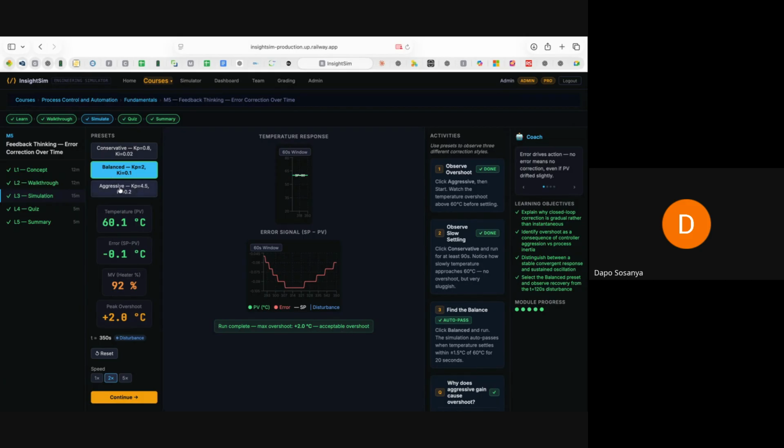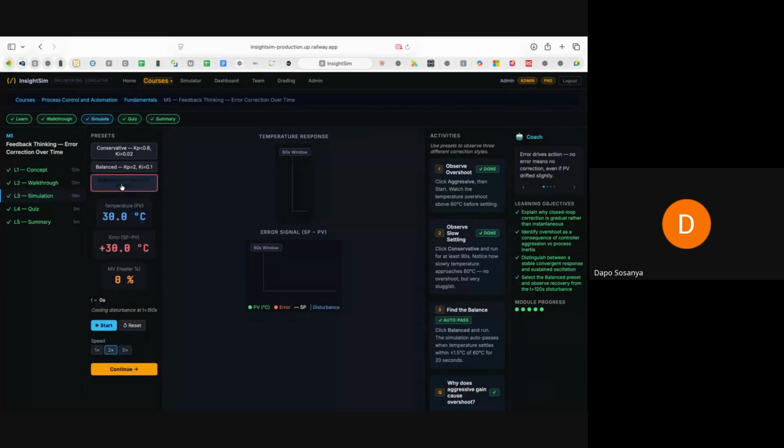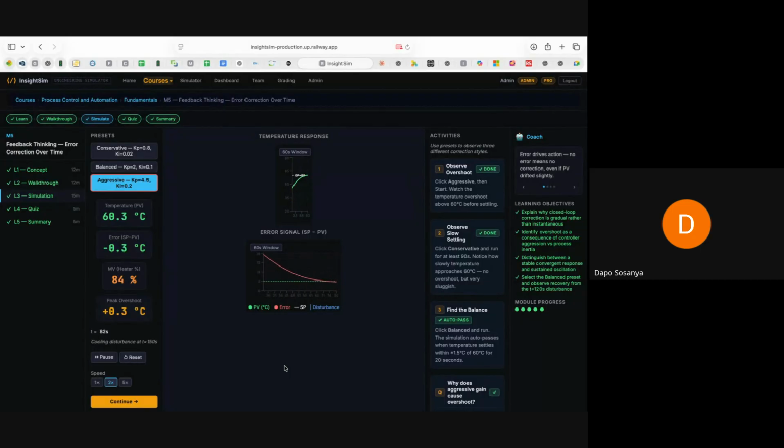Now let's look at aggressive. So this is the aggressive preset, right? And then let's click start. So again, the cooling disturbance is introduced at 150 seconds. So just observe.